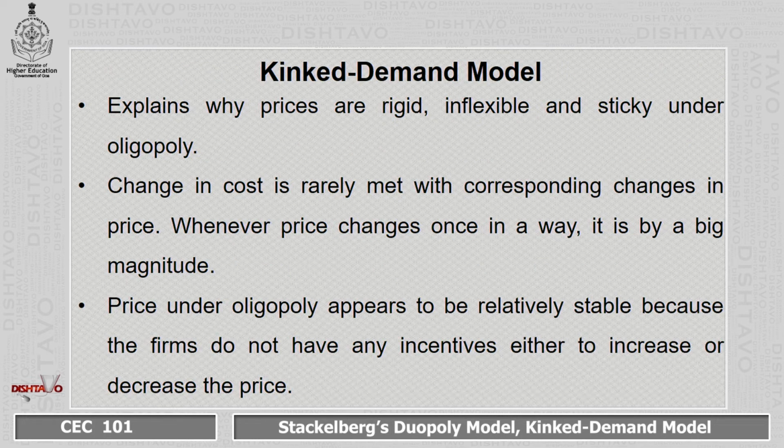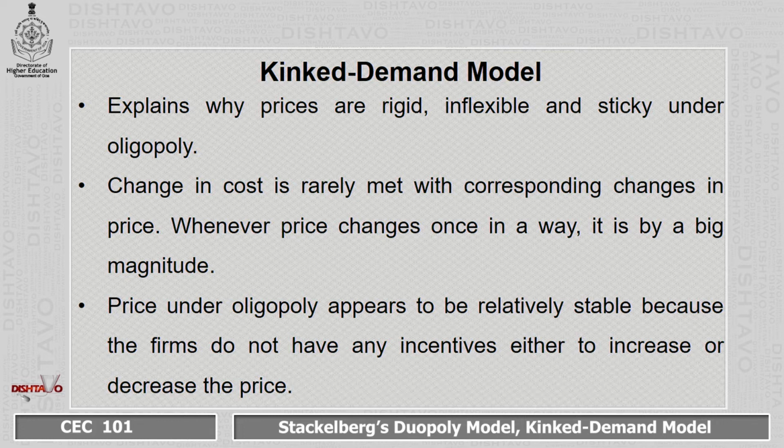Now let us understand the kinked demand model. This model explains why the prices are rigid, inflexible and sticky under oligopoly. The change in cost is rarely met with corresponding changes in price.